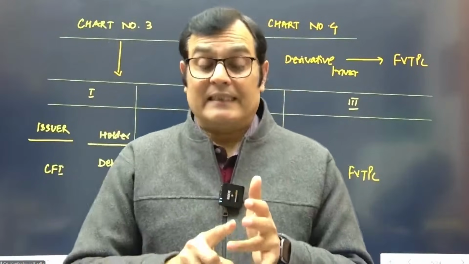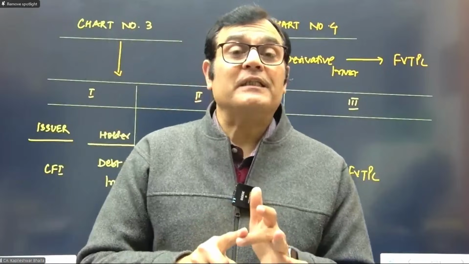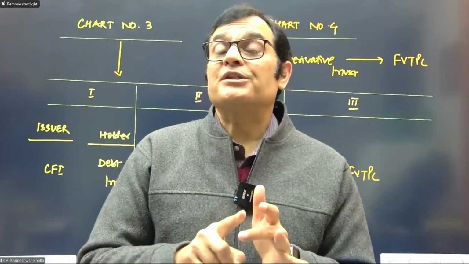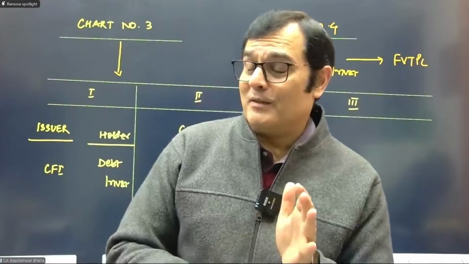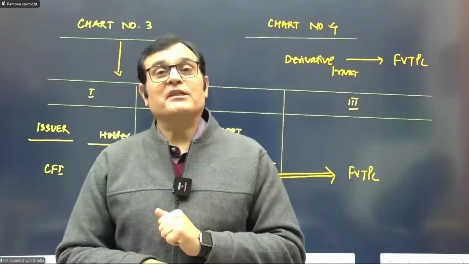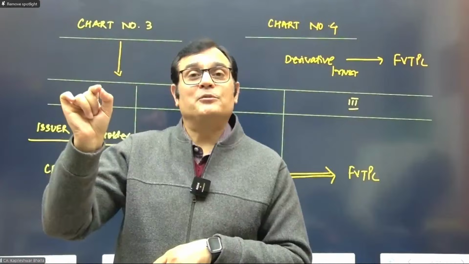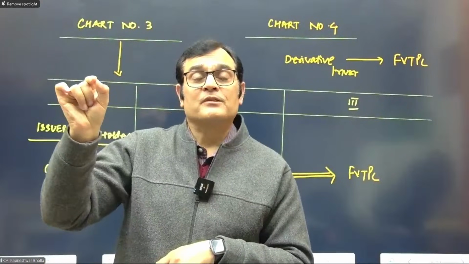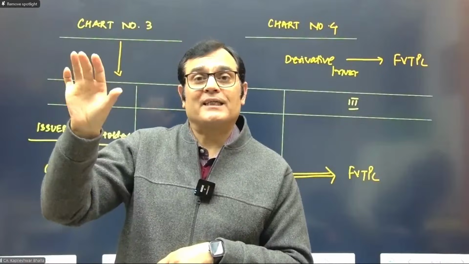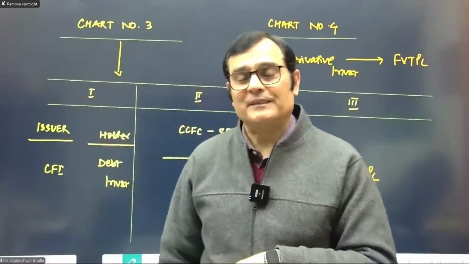That's also correct. Can I say if it is a debt investment which is CFI, that is also FVTPL? Oh my God, that makes life simple. You've got equity investments, debt investments in CFI, and derivative investments all FVTPL. That's the moral of the story.